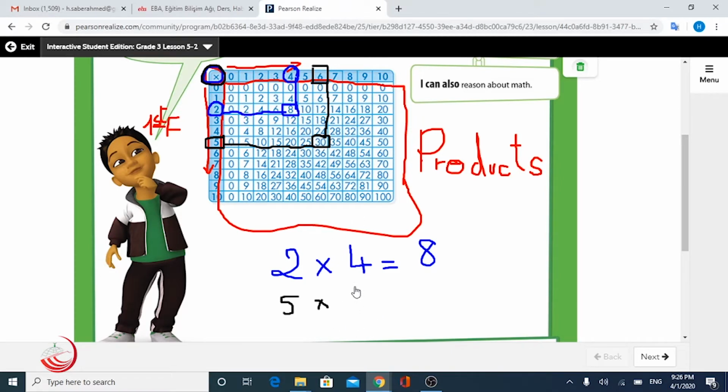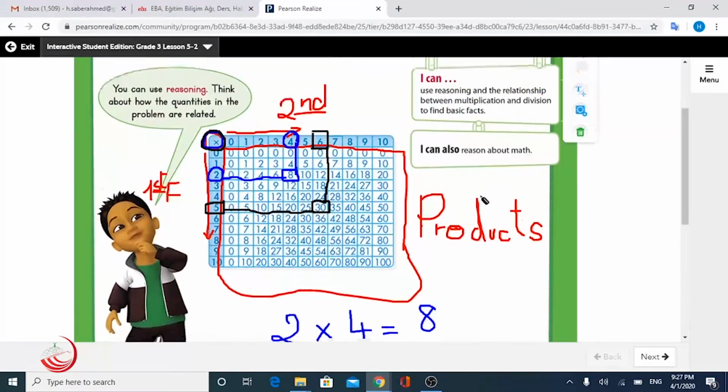So 5 times 6 is equal to 30. Very good. So 5 is the first factor, 6 the second factor. When they meet together, they give the product of this equation. So this is how I use the factors to find the products in the table.